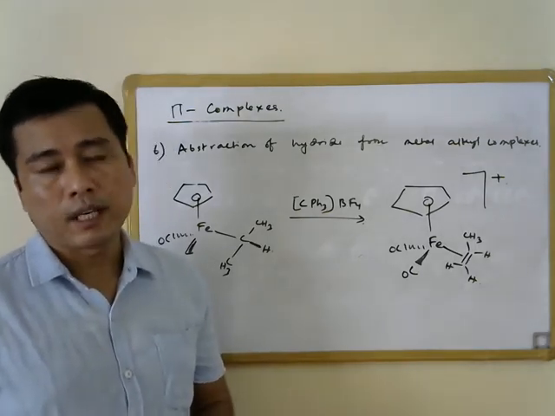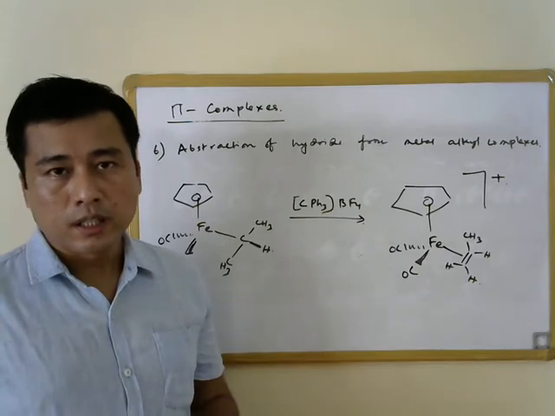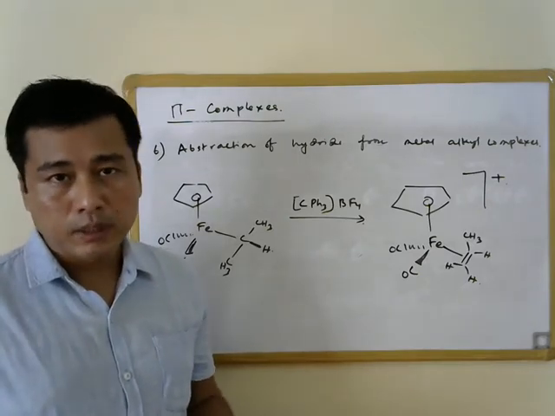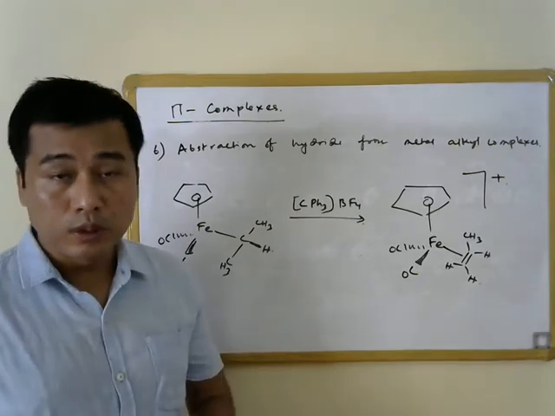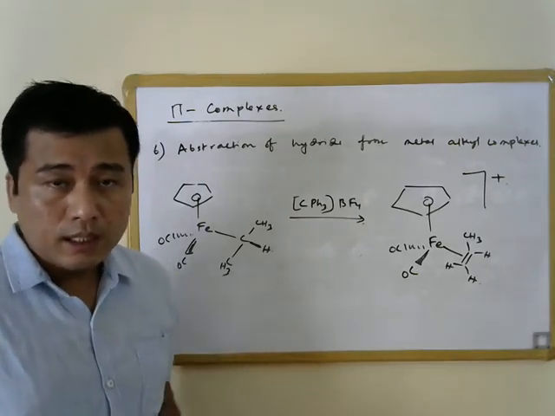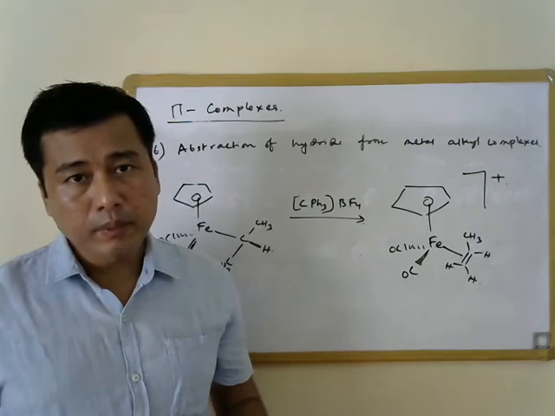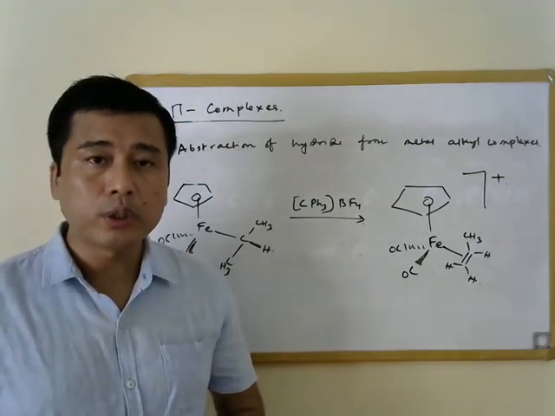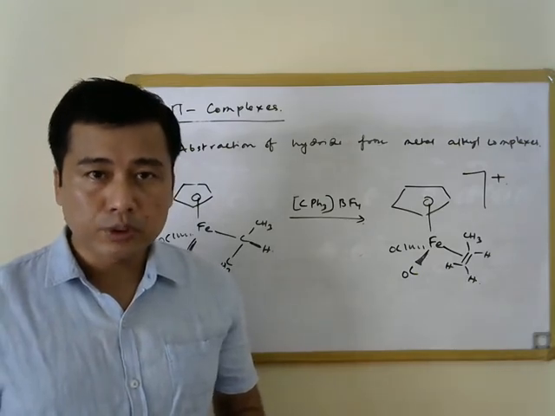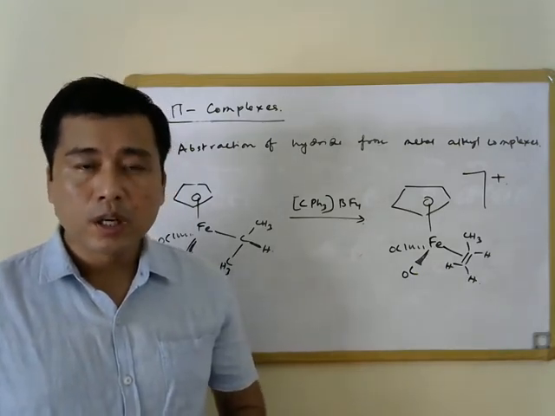What we have learned during this lecture is about pi complexes, and we discussed preparation of one particular type of pi complex, that is metal olefin complexes, and we have seen different methods for their preparation. The first method that we discussed is the substitution reaction on different precursor complexes.